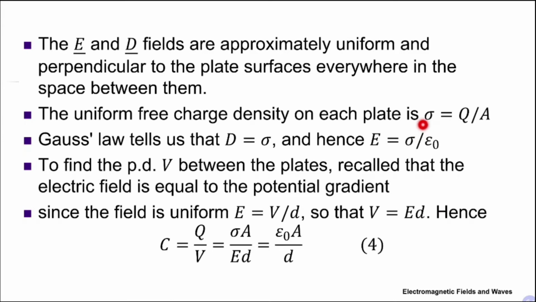Okay, so the charge density of the plate will be Q over A, where A is the area of the plate, and therefore from Gauss's law we can work out that D equals sigma, and then the electric field will be equal to sigma over epsilon naught, if the spacing between the two plates is d.